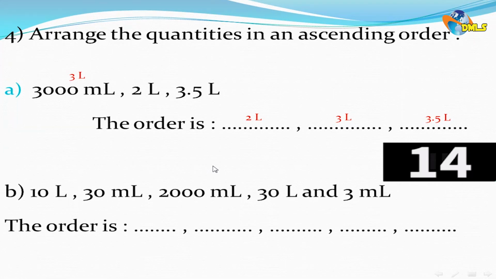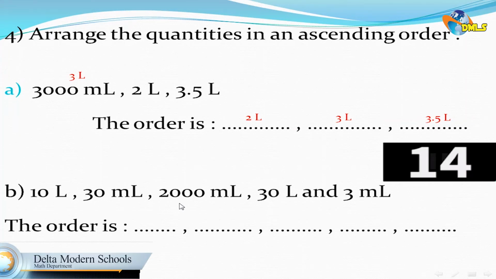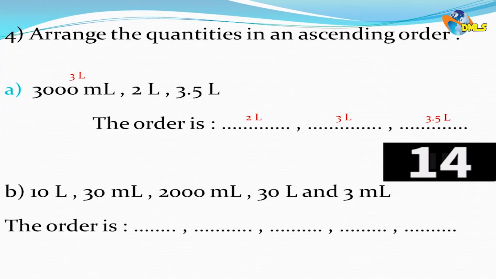Now students, it's your turn. Please arrange in an ascending order: 10 liters, 30 milliliters, 2000 milliliters, 30 liters and 3 milliliters. Bring a paper and start quickly to answer because you have just 14 seconds.